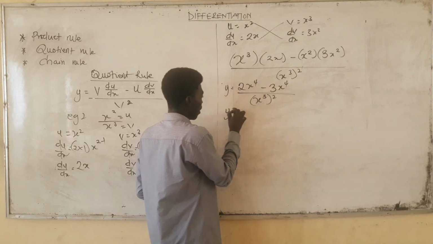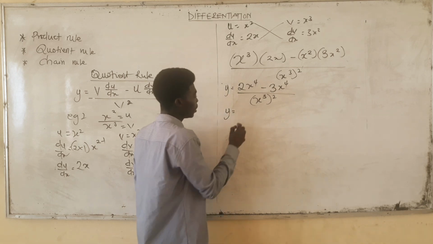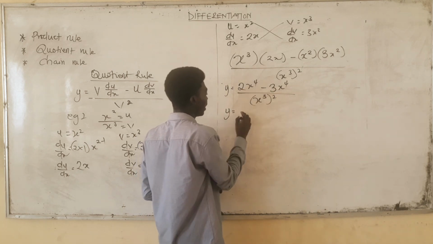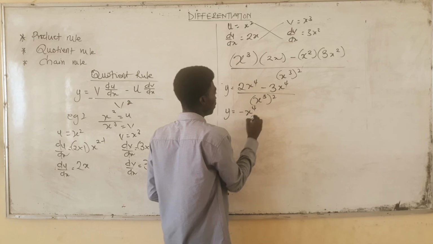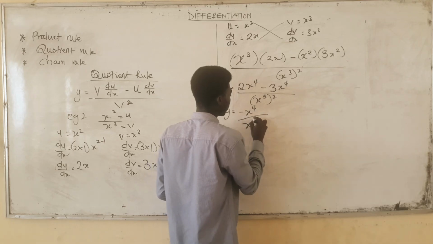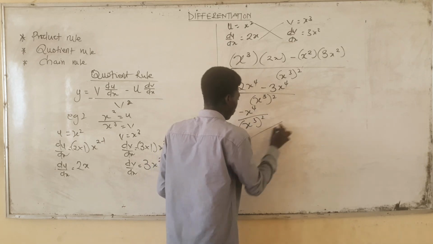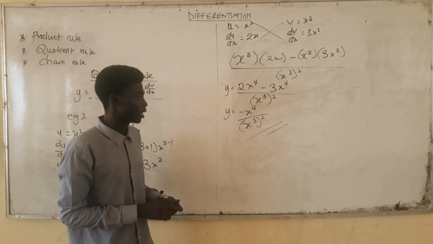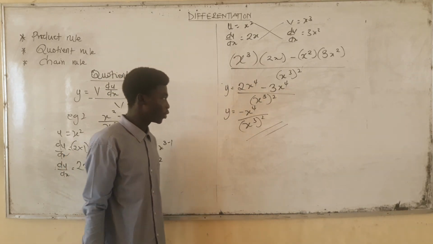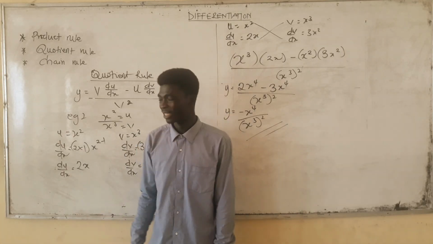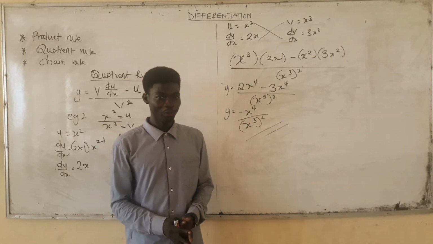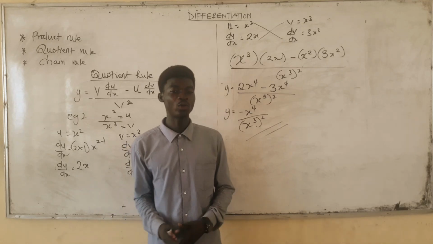At the end, our derivative is going to be this minus this, which gives negative x to the power 4 all over x to the power 3 all to the power 2. And that is the answer for the second question. I believe you followed and you've understood the quotient rule now.